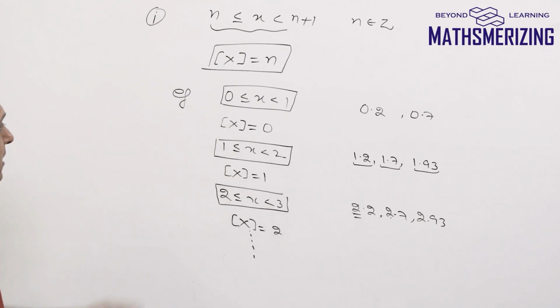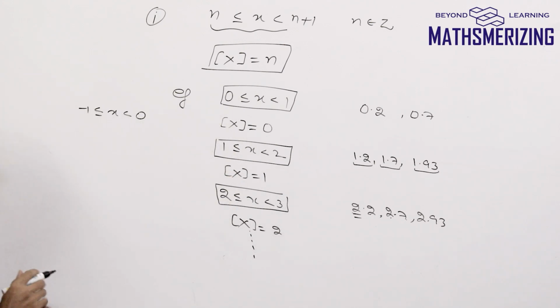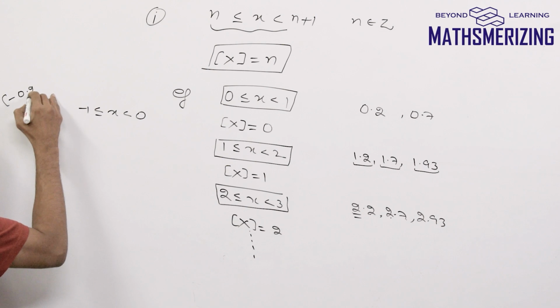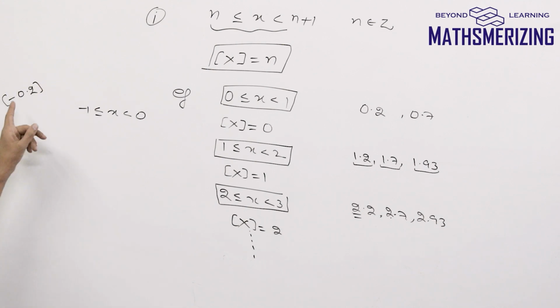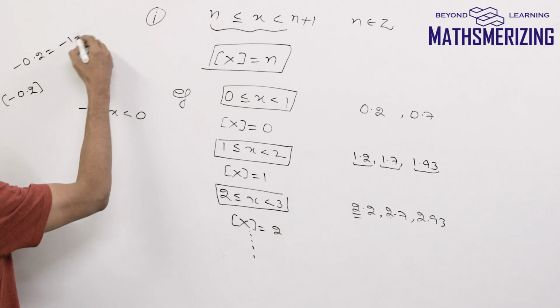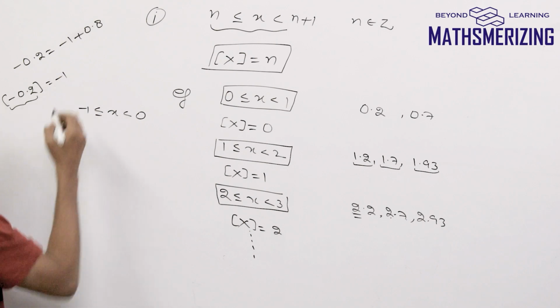If I look at the negative numbers also, say for example, if I say x lies between -1 and 0, say for example, suppose I say greatest integral function of -0.2. Now I know that -0.2, I can write it as -1 plus 0.8. So this value is equal to -1.